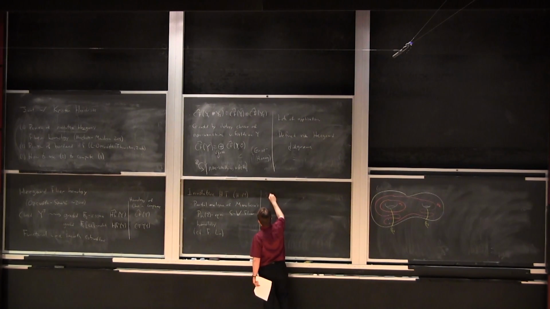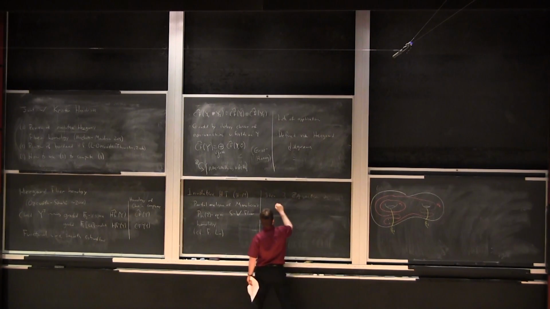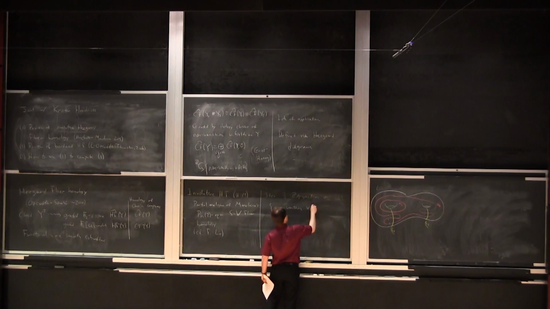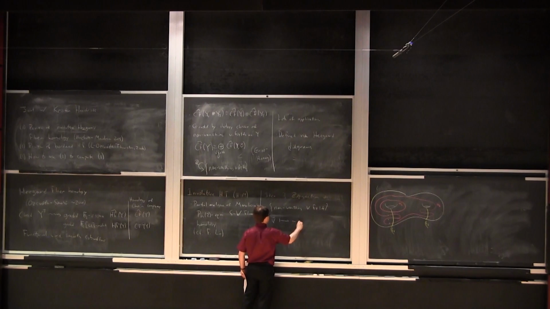So one version of the idea is, well, there's a Z2 action on the set of non-vanishing vector fields given by just sending a vector field v to minus v.